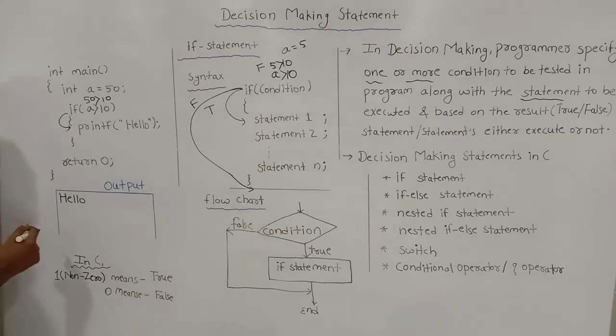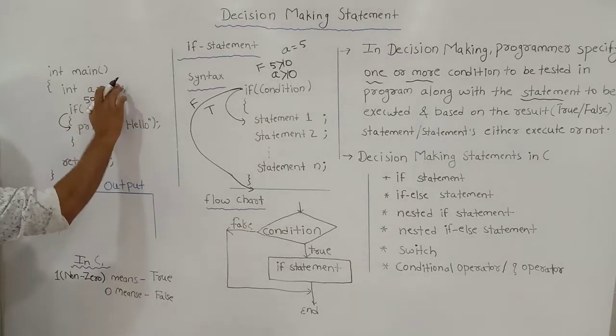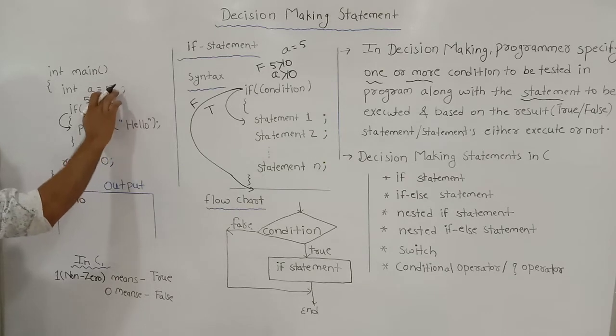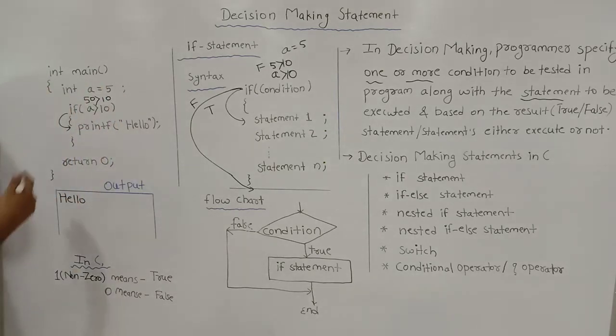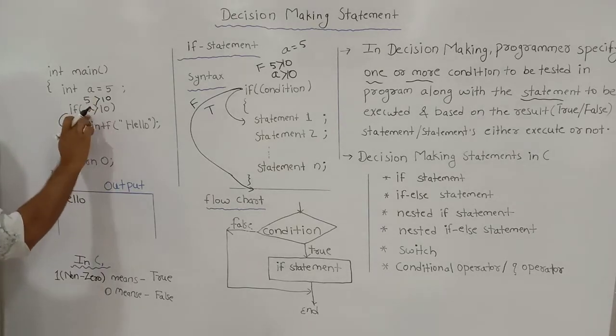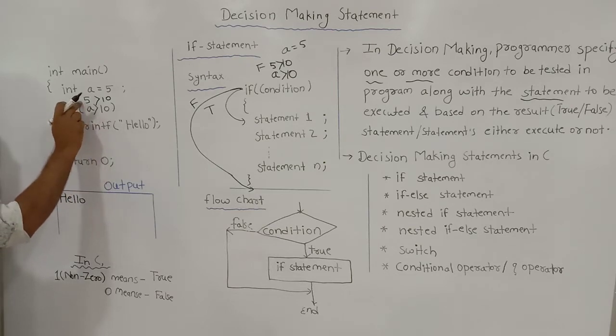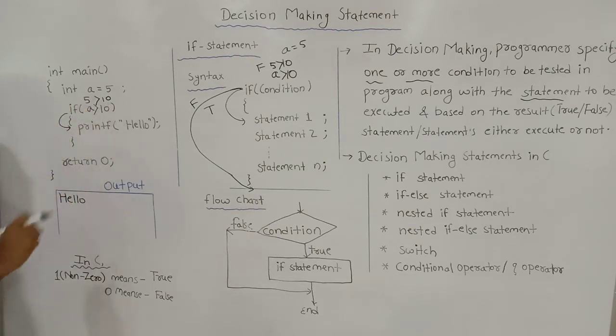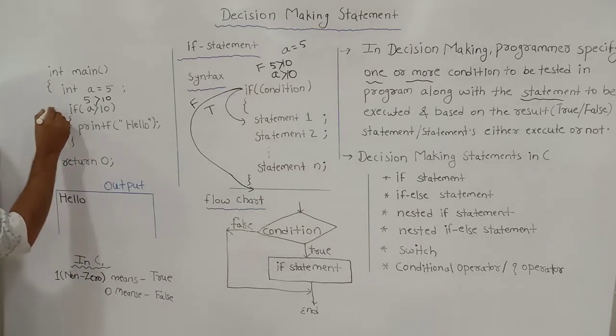And suppose we remove 0 from here, we are modifying our program, then what will happen? The value of a will be 5, and the condition is a greater than 10. Again, here the value of a is 5, and 5 can't be greater than 10. Means the condition is false.